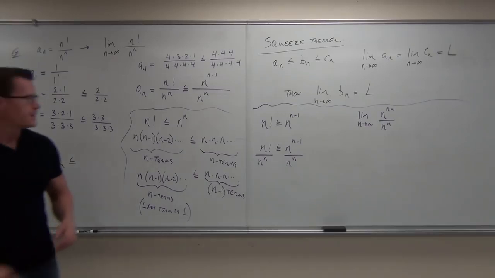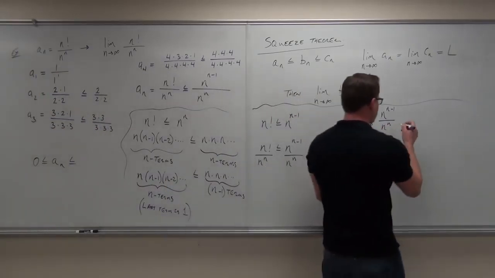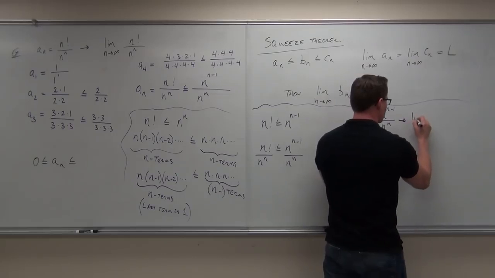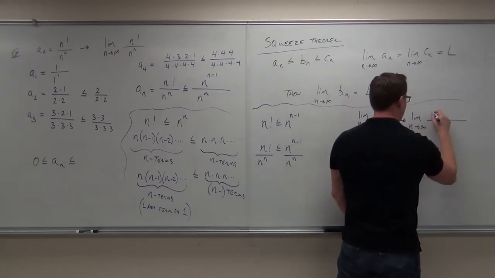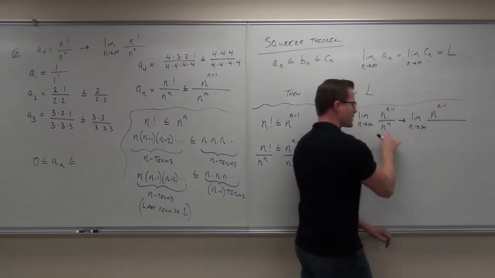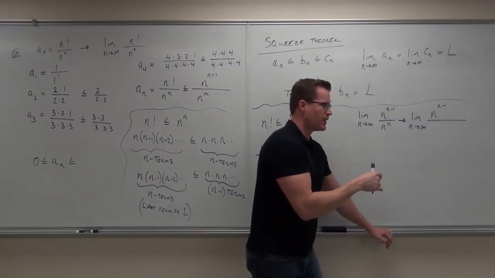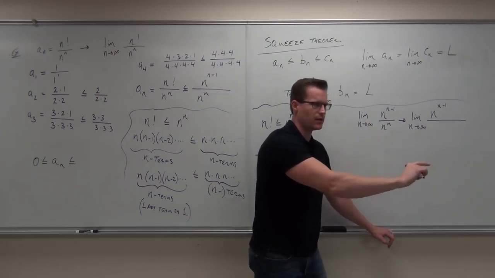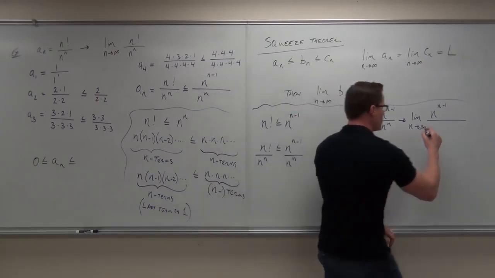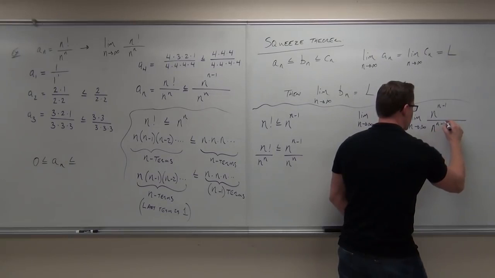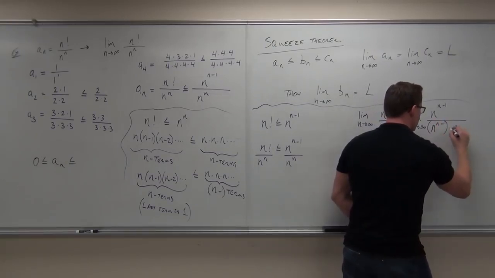Oh yeah. If you think about what this is, think about what n to the n is. If I split off one n, just one n, then this is n to the n minus 1 times n.